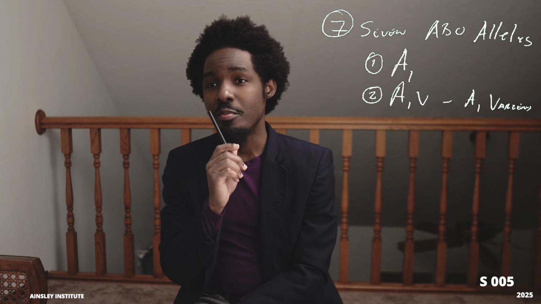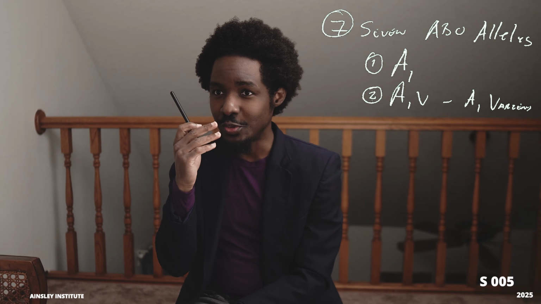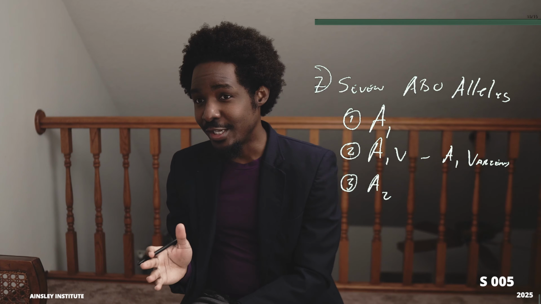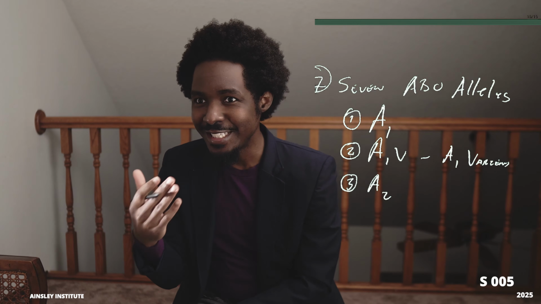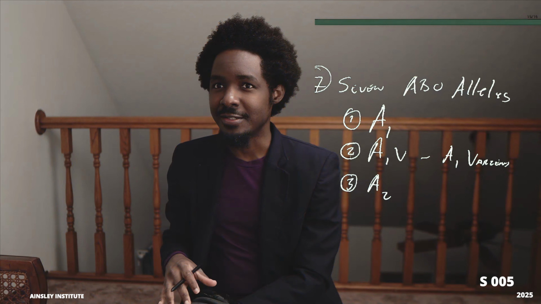All right, and remember we said we have A1 and we have A2. So in your mind, I want you to think about having an A2. So you have A1, A2. You're saying to yourself, is there an A3? Actually, there is an A3, but it's not a part of the 7 alleles.